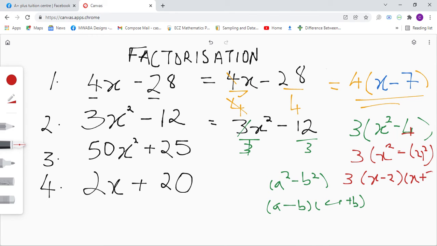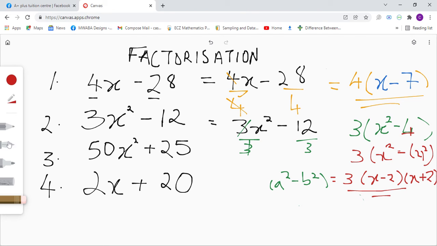We factorize first using the highest common factor, then we factorize using the difference of perfect squares. Always pay attention whenever you see perfect squares being subtracted from each other, you factorize. So our answer is going to be 3(x minus 2)(x plus 2).